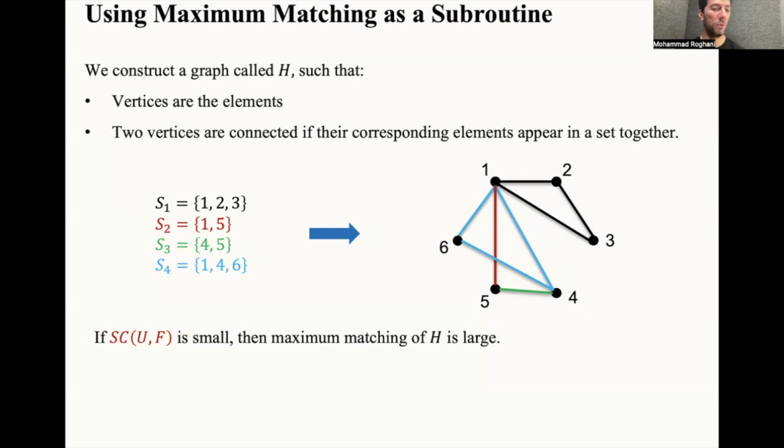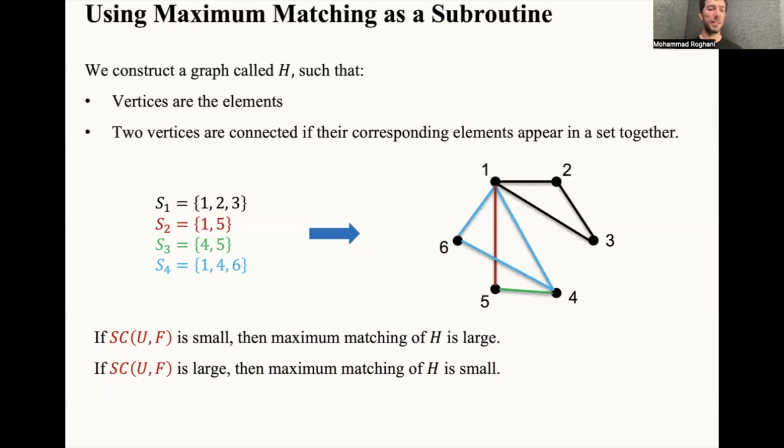So we can prove that if the set cover of the instance is small, then the maximum matching of H is going to be large. For example, suppose that there exists one set that covers all elements. It means that the graph is a clique, and we have a large maximum matching. If the set cover is large, for example, if we have k elements and we need k sets to cover all of them, it means that there exists no edge in the graph in this extreme case, and the maximum matching is 0.